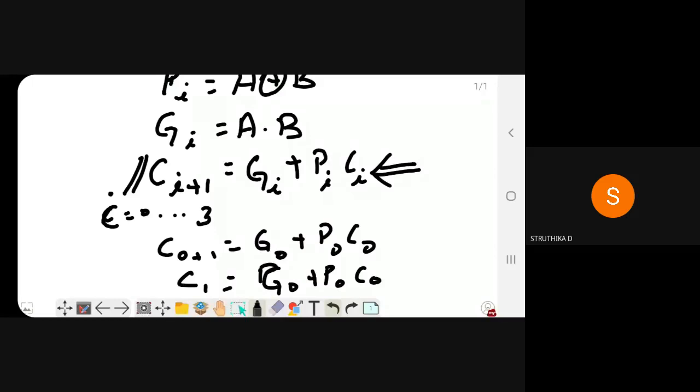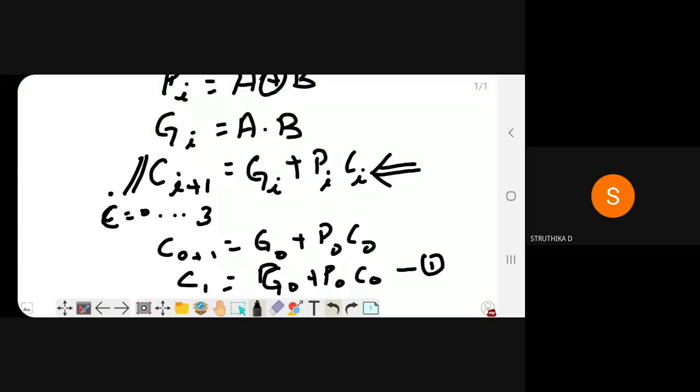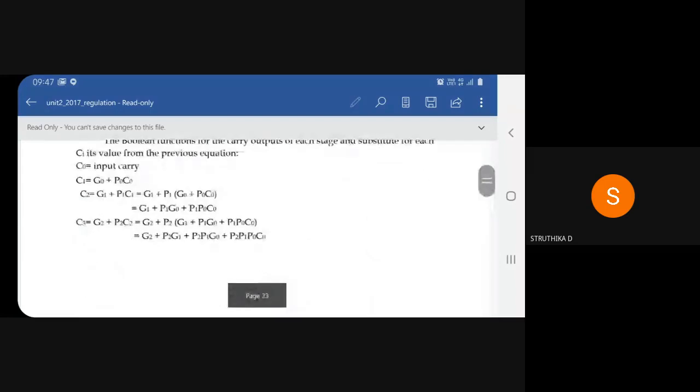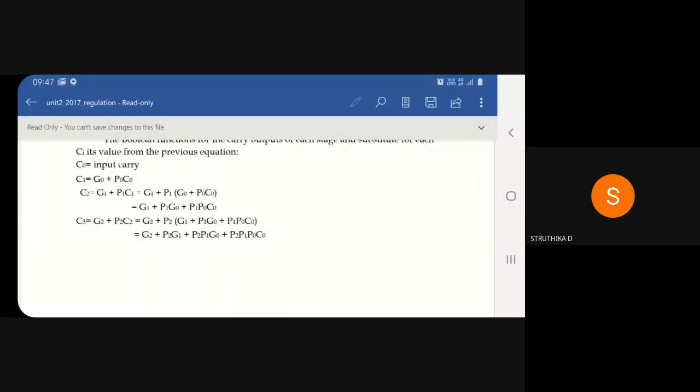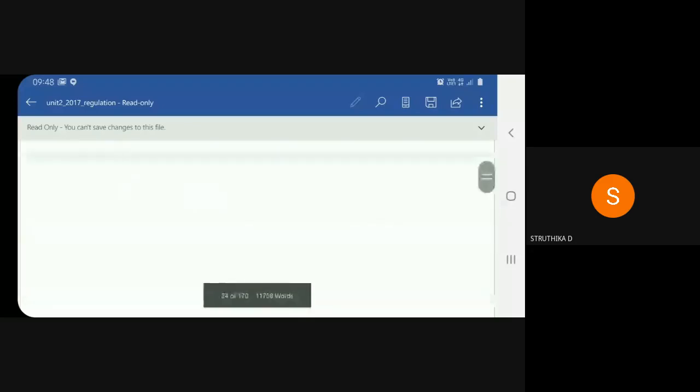So this is the first equation. We will get C1 equal to G naught plus P naught C naught, which we have solved just before. Like the same, C2 is equal to, you will get the equation like this. C3 equal to, you will get the equation like this.